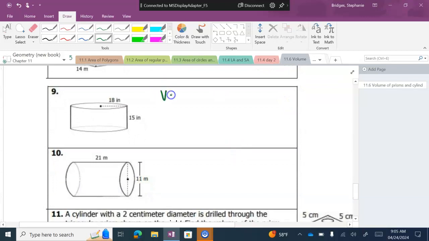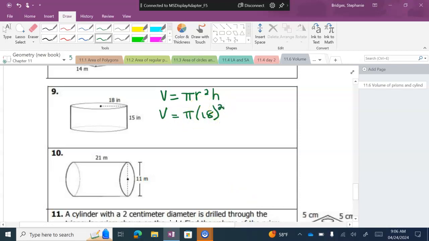So we said for a cylinder, the formula for the volume is pi r squared times h. Again, in a cylinder, these are not too terribly difficult because I have everything I need usually. What's the radius? 18. Okay, so we're going to plug that in.